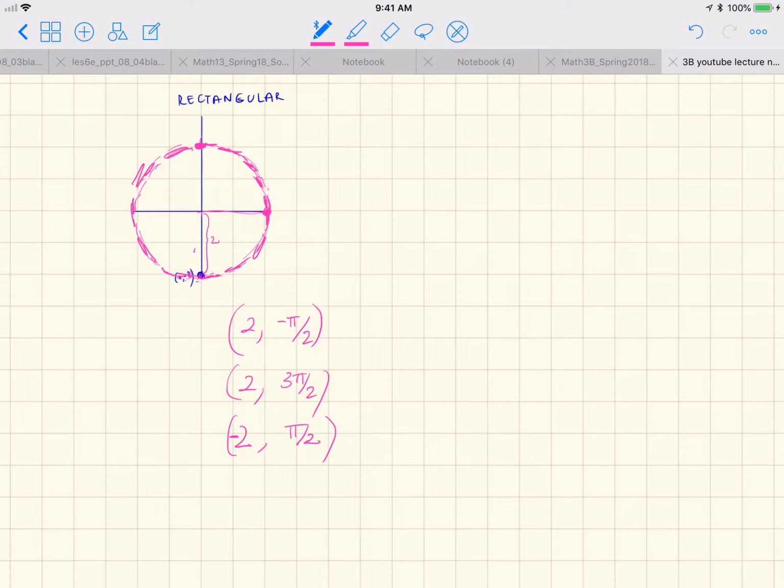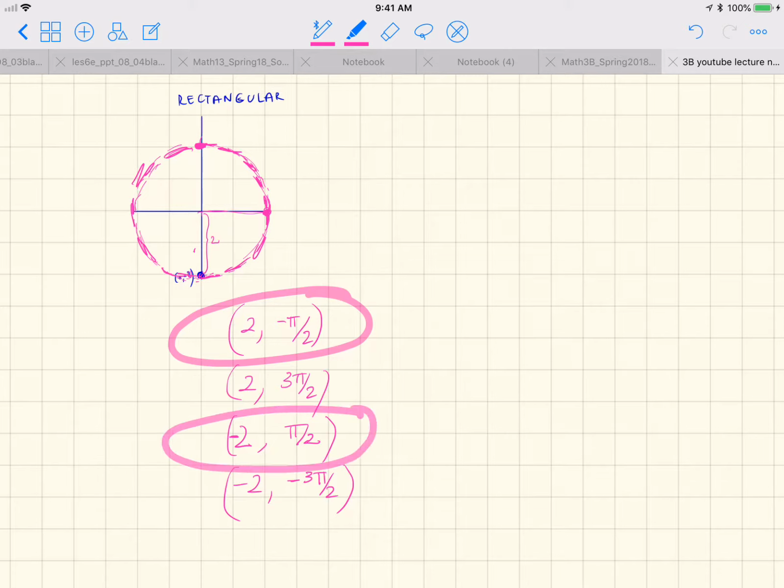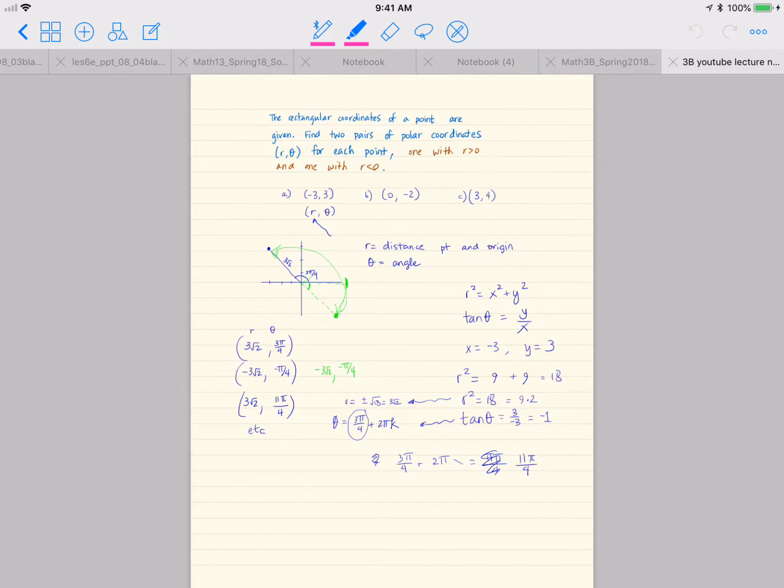So it could be negative 2, comma, negative 3 pi over 2. So we've got plenty of options there. That's one with r positive and one with r negative, or you could use the other two. Infinitely many answers.